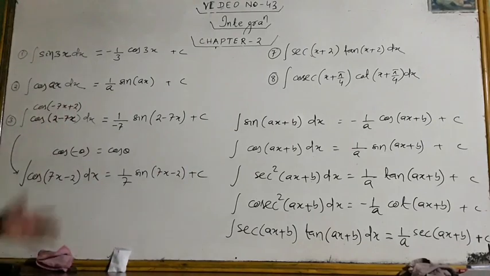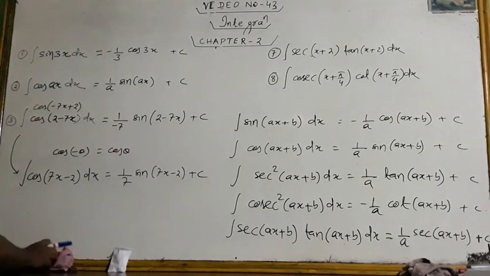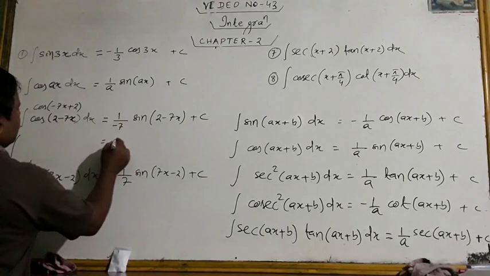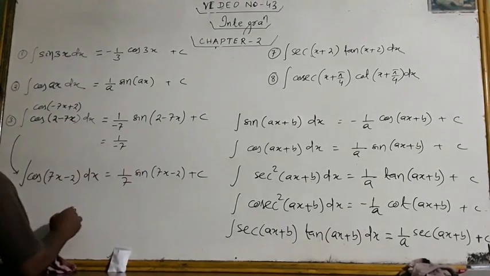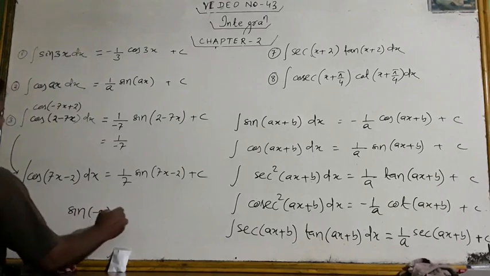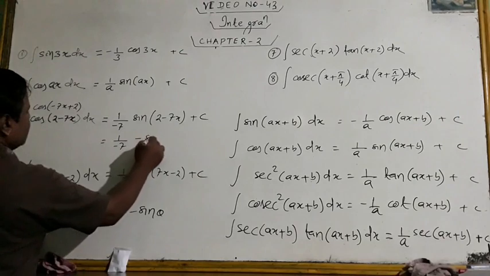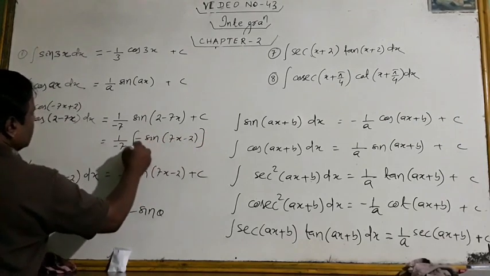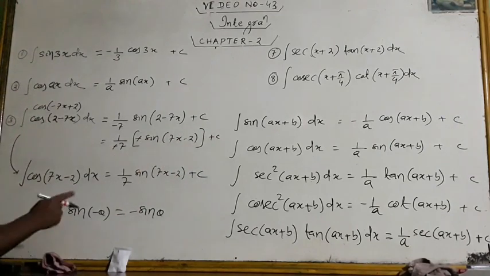You will ask me, sir, why do the answers differ here? No problem, they are equal. As you know, 1 by minus 7 sin minus theta, and sin minus theta is minus sin theta, so you can write minus sin(7x minus 2) plus c. Minus minus cancel, so it is 1 by 7 sin(7x minus 2).